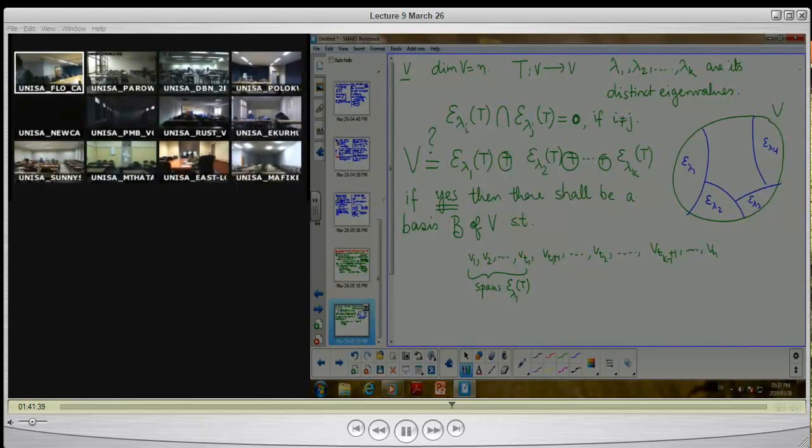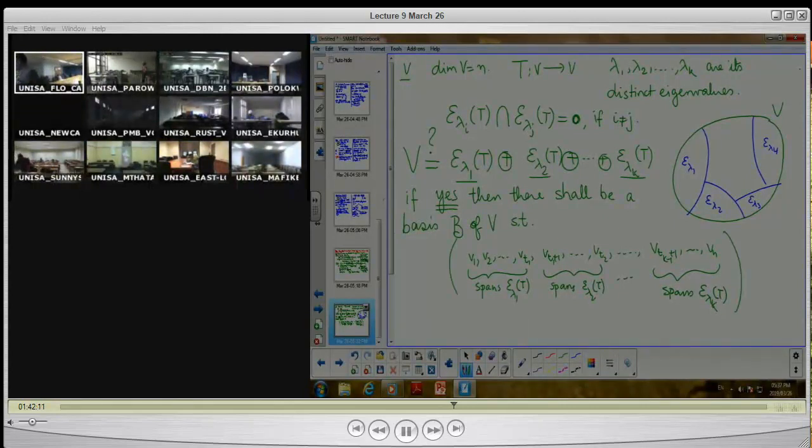So this part spans, so it will be possible to have a basis of V consisting of eigenvectors of T, okay?